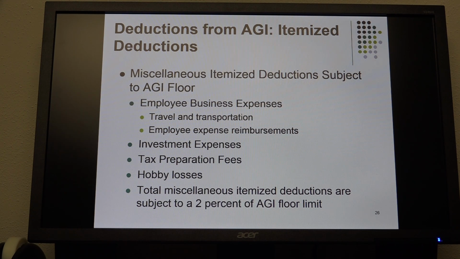What about cost of education? Let's say I'm a CPA, I have a master's in tax, or master's in accounting, BA in accounting, something like that. Let's go back to the master's in tax.